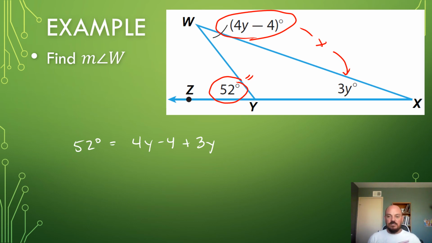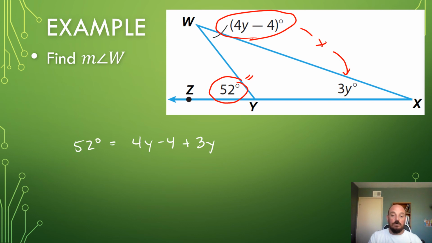I took the parentheses off. It doesn't really matter if they're there or not. So that was step 1. I set the equation up right. I didn't just pick things and say, let's make this equal that and solve for y. I really thought about it. I realized what theorem was being represented, and I set the question up right.